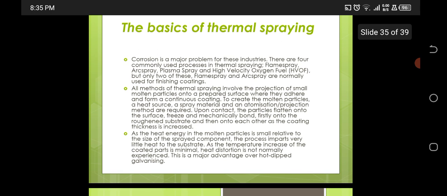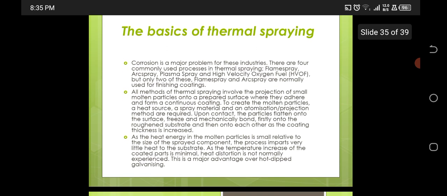This is the major advantage over hot dip galvanizing. In galvanizing, there is an increase of temperature at the surface of the target material. But here in thermal spraying, even though it involves heating, it is more convenient and more reliable than galvanizing. Why? Because it does not increase the temperature of the body.